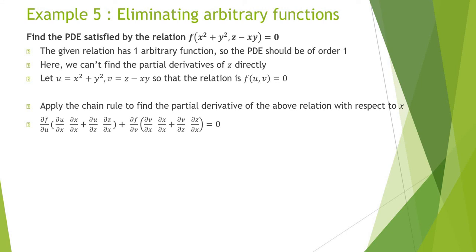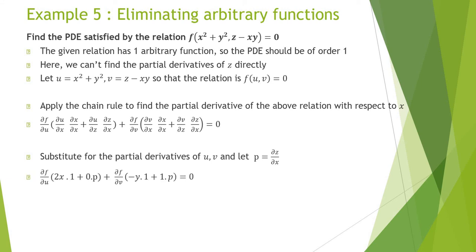∂f/∂u times (∂u/∂x + ∂u/∂z times ∂z/∂x) plus ∂f/∂v times (∂v/∂x + ∂v/∂z times ∂z/∂x) equal to 0. Now substitute for the partial derivatives of u and v and denote ∂z/∂x by p.